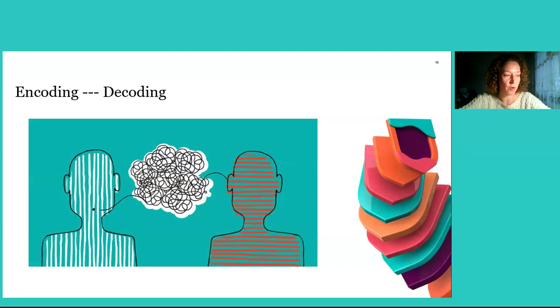Think about how often you have misunderstandings with another person when you are just texting to each other, when you cannot see the emotional part of the communication, but you just see the text, you just see the message, and you think that the person means this, but the person means that.